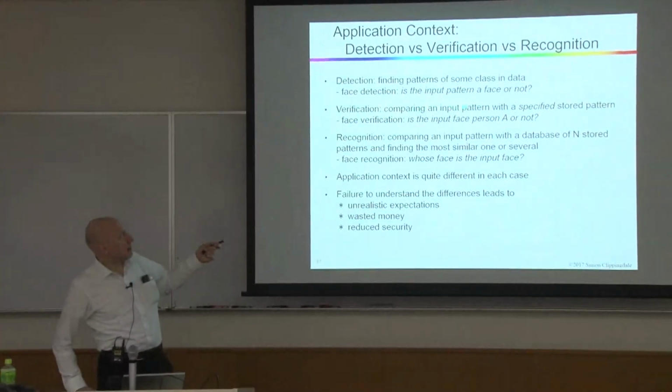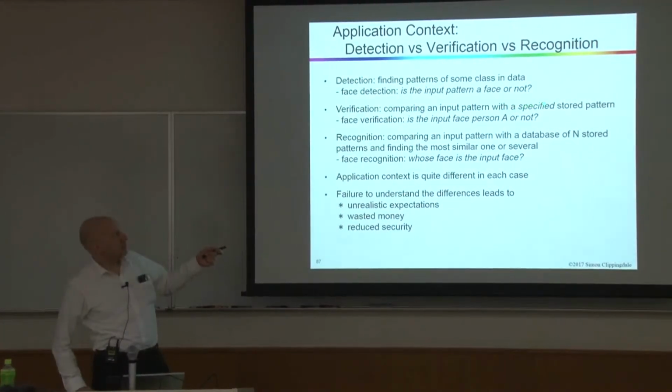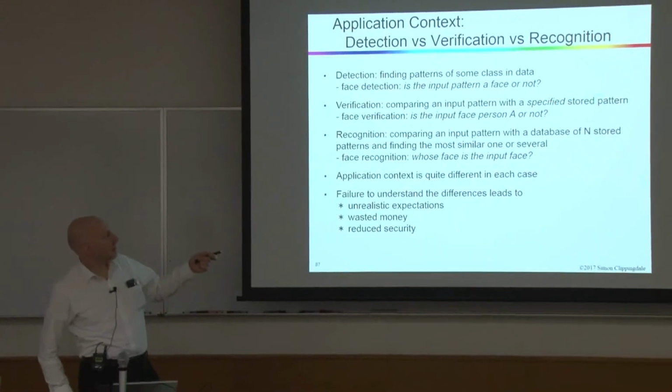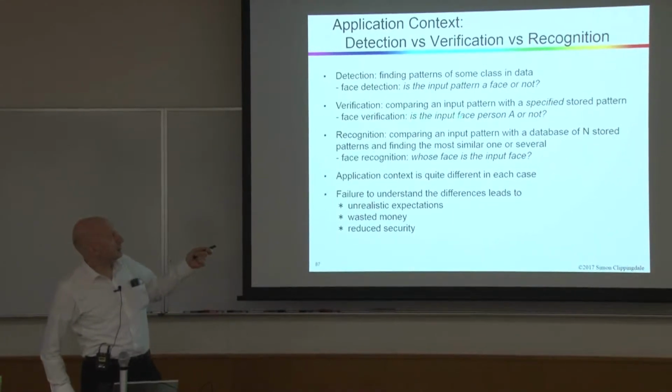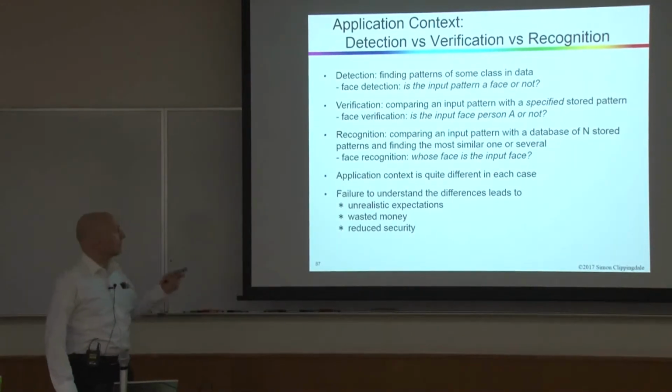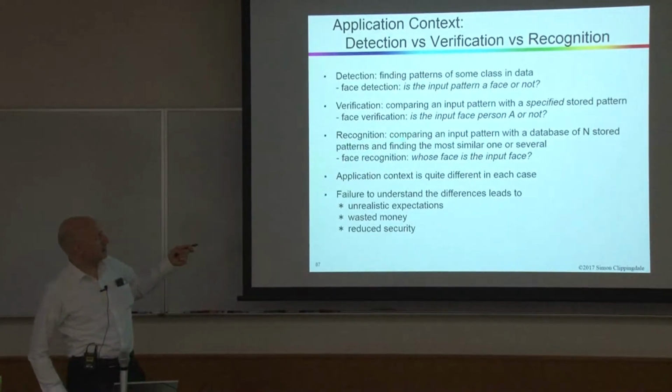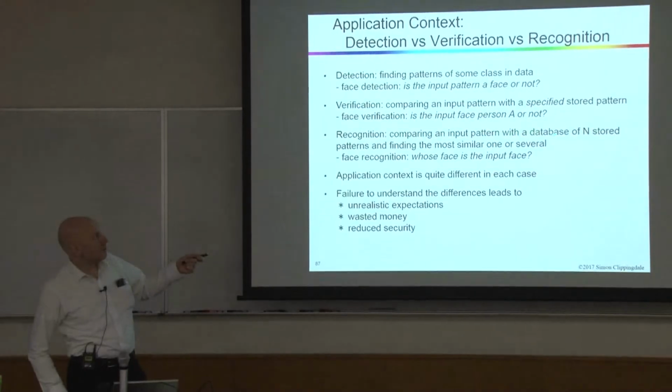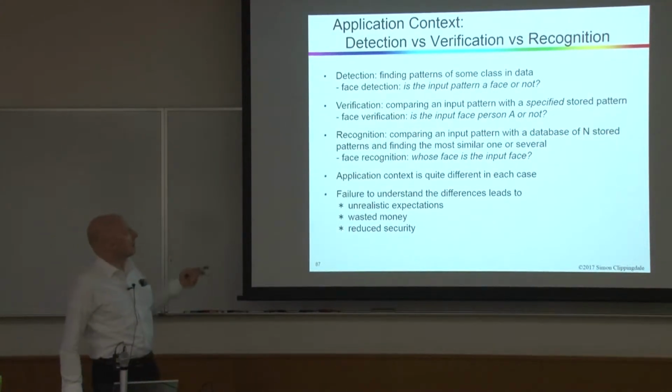Verification is about comparing an input pattern with a specified stored pattern. Is the input face person A or is it not person A? Recognition, however, is comparing an input pattern with n stored patterns in a database and saying, in the case of faces, whose face is that in the input?